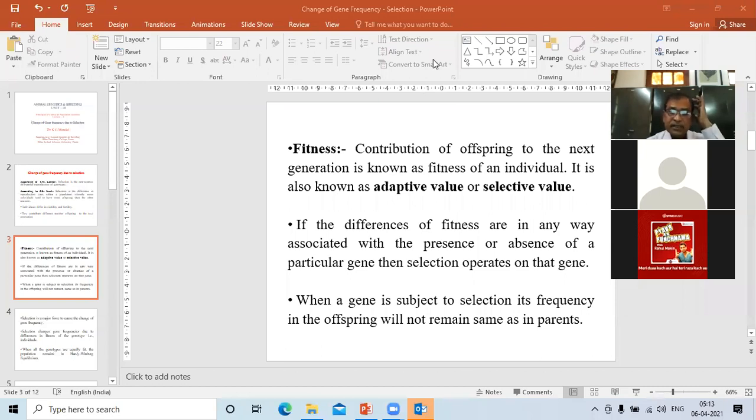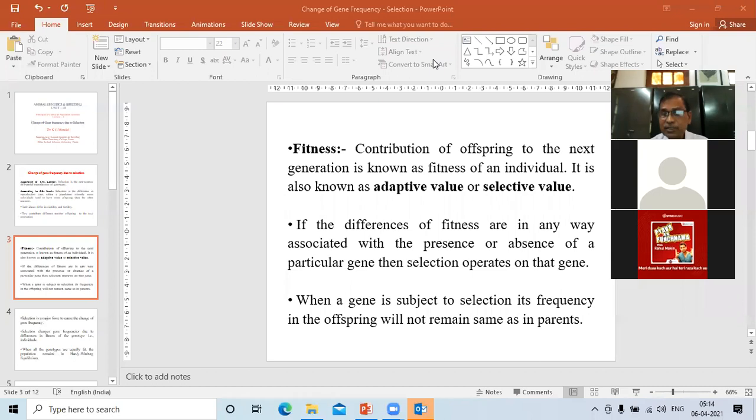That means all individuals are not equally fertile. Some individuals are fertile, some are highly fertile, some are less fertile. In animals, suppose pigs, the pig is a litter bearing animal. Mice, guinea pigs, rabbits, these are litter bearing animals. Do you think all animals produce an equal number of progeny for the next generation?